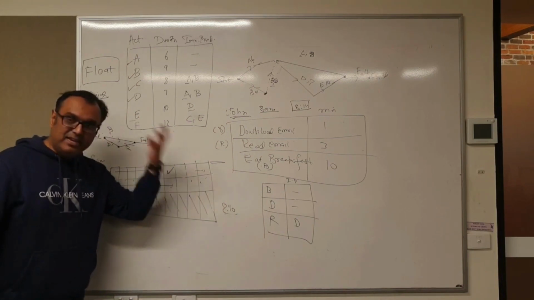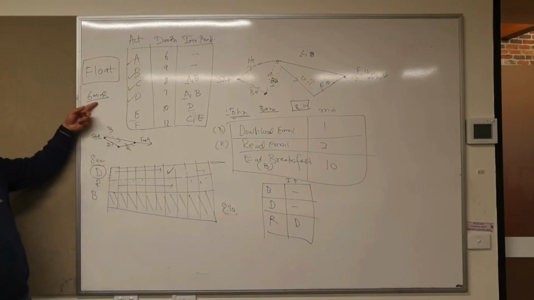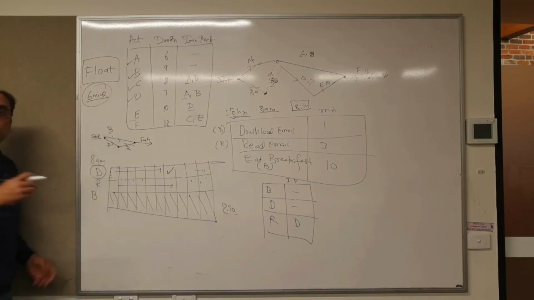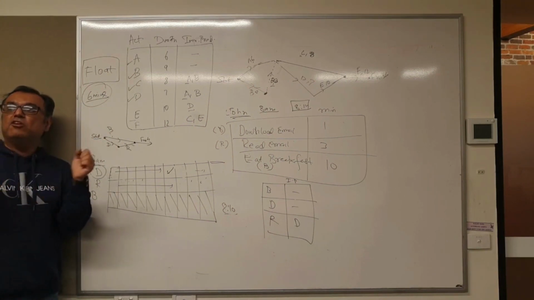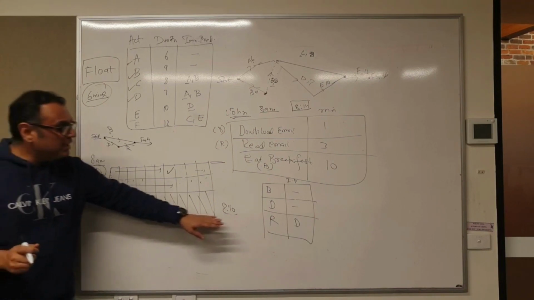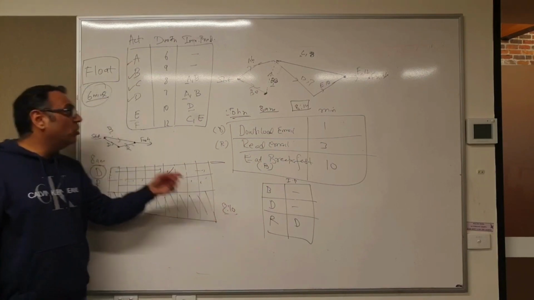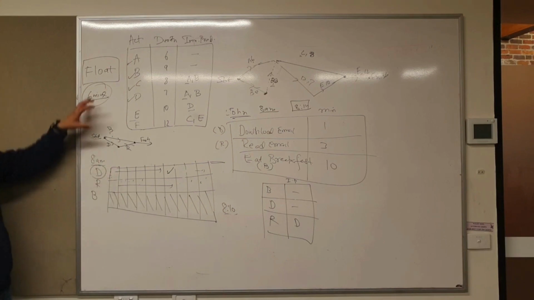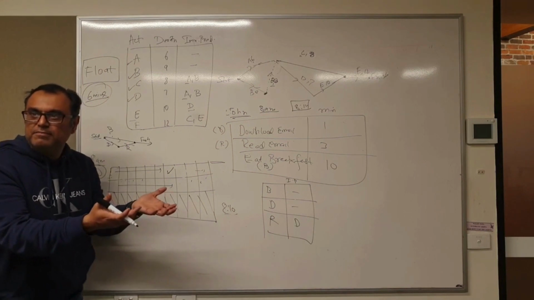If 8:10 is the time he needs to leave home, you cannot delay activity D more than 6 minutes. Does that make sense? So those activities that can be delayed in a project without impacting your end time are called slack activities, or activities that have float in them. They are floating activities. They can float for a while.